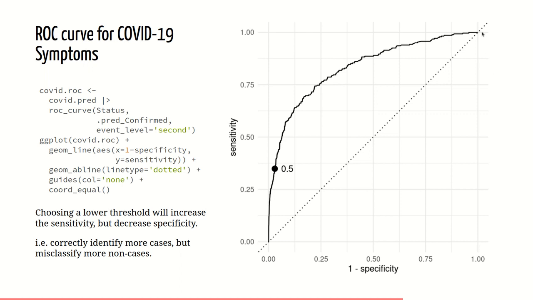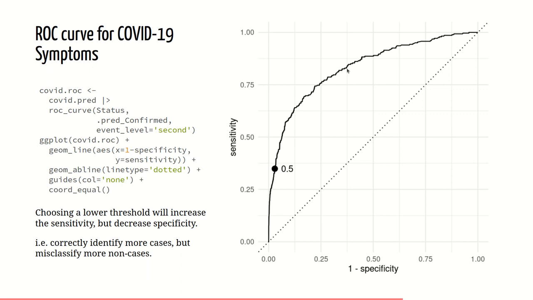Right? So up here, what I'm doing is I'm basically saying everyone's a case. All right? So I'm going to get all the cases correct, but I'm going to get all the non-cases wrong. So that's bad in some senses. Down here, I'm going to get all the non-cases correct, but I'm going to get all the cases wrong, and that's probably worse. So we probably want to be further up this way than we want to be down this way. So we want to change our threshold.